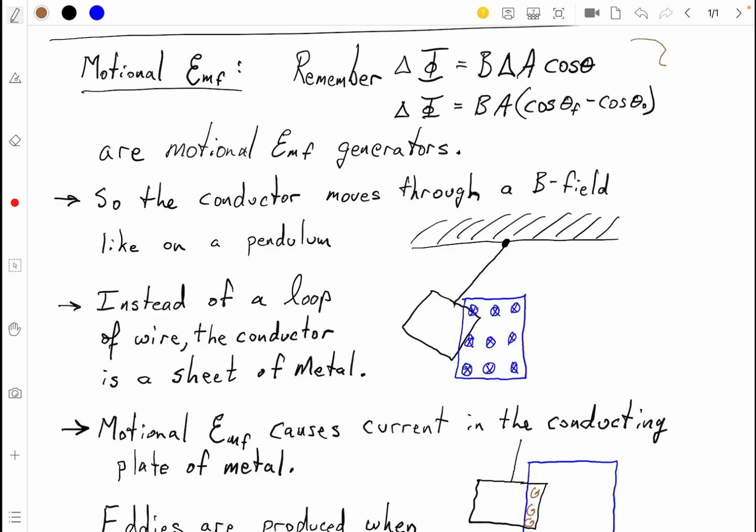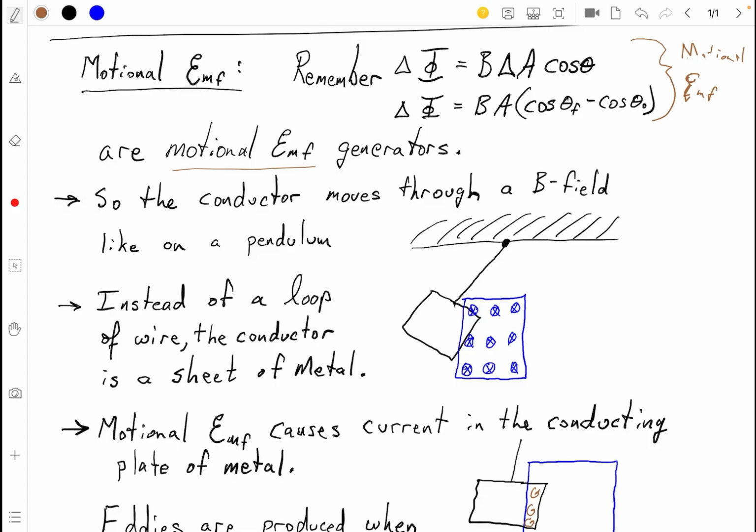But these are the only two that are motional, okay? So these are motional EMF.